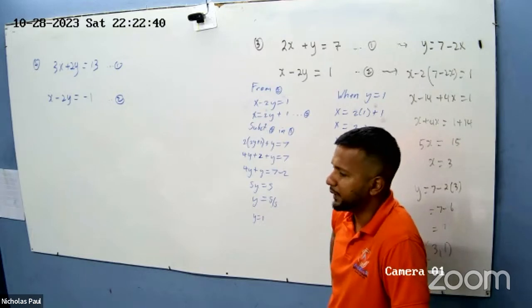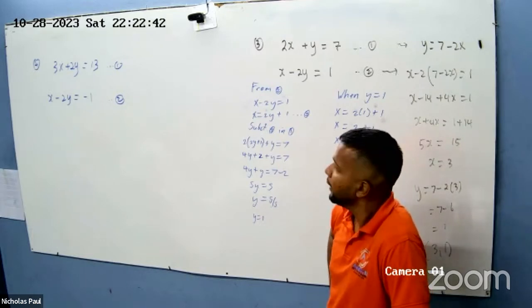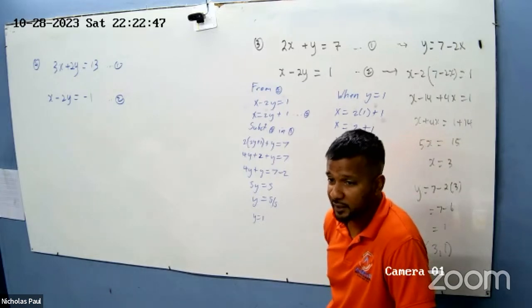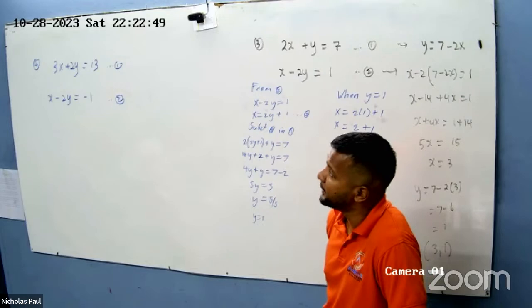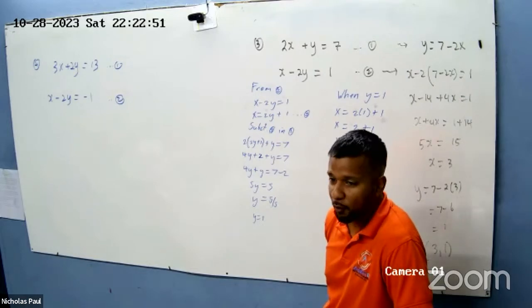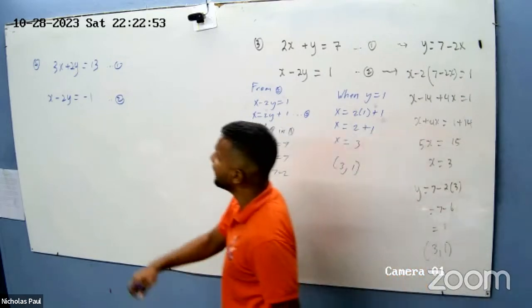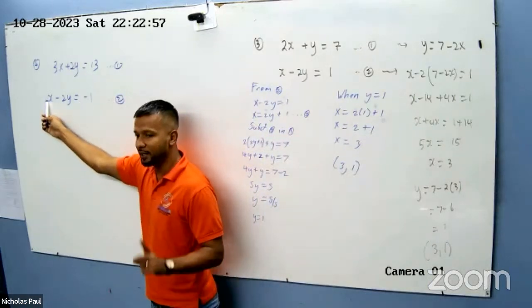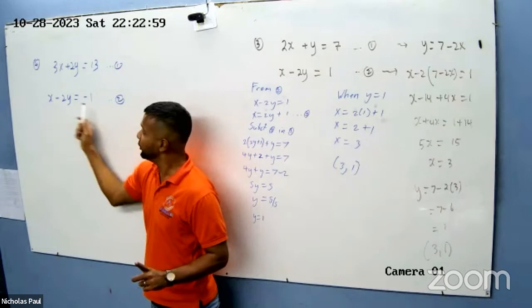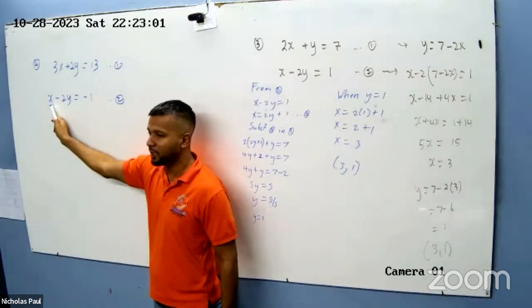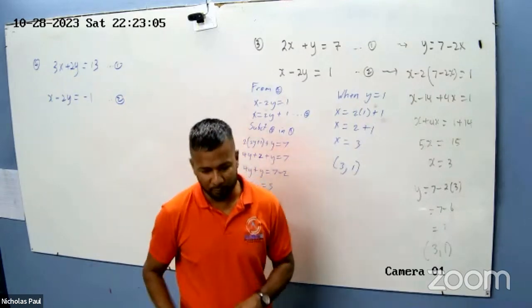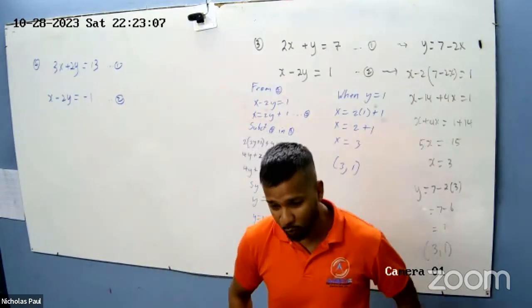Megan, what do you think? Megan said equation 2. Do you agree? Yes. And what are you going to make the subject of the formula? X or Y? X. Right? So you're looking for the equation where the value in front of X or Y is 1. Okay? So use equation 2, make X the subject, and then substitute in here. Same thing. All right? Try that. As I said, most times it's nice whole numbers, right?